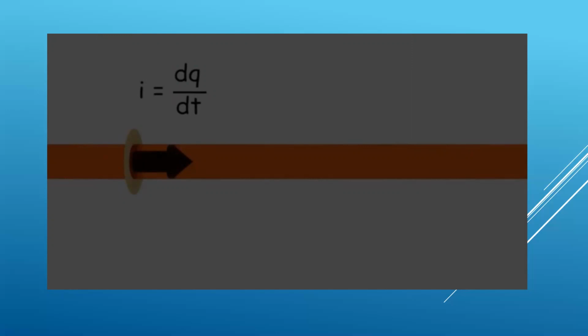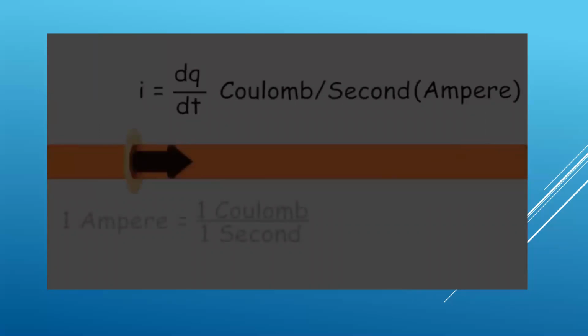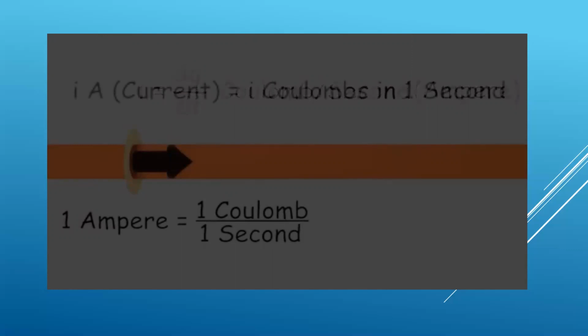The unit of current would be expressed as coulomb per second. The unit coulomb per second is named as ampere. Ampere is the unit of electric current, and 1 ampere of current equals 1 coulomb by 1 second. So 1 ampere of current means 1 coulomb of charge passes through a cross section of a conductor in 1 second.